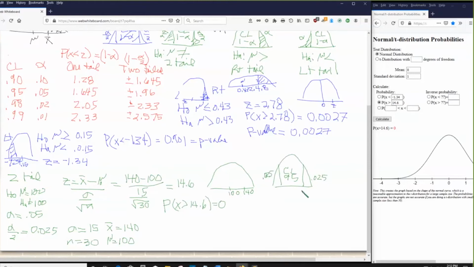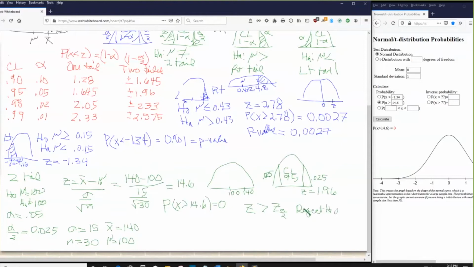And then that tells us, from when we've done z-scores before, that the z-score of a standard normal distribution is going to be 1.96. So there's two rules for rejecting. If our calculated z is greater than z alpha over 2, we're going to reject the null hypothesis.